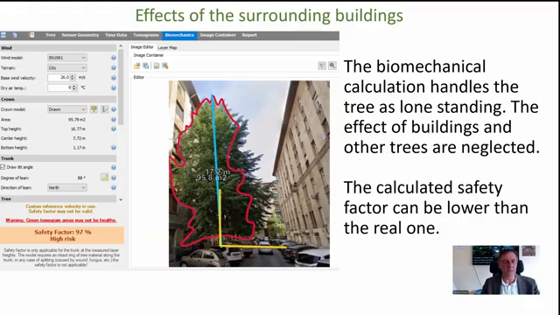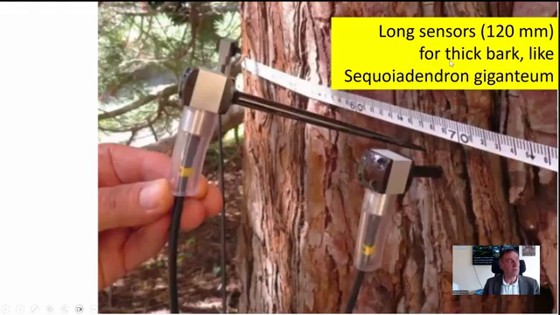The real one in this case is much higher, and based on the story of this tree, the decision of Gábor Ócsváry was just perfect, and he saved the tree. So yes, we need to look around and modify the risk.